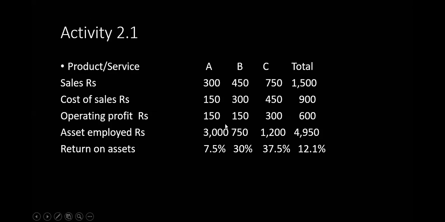Then just to get the idea, I have put a few data. Just look at, there are 3 products, A, B, C. Total sales figures are given, cost of sales, operating profits, assets employed, that is the total assets, given. You may assume these are in terms of billion, trillion, or whatever. Return on assets. Now, by looking at this, say these are 3 projects, which one is the best, or how do you evaluate these 3 alternatives?